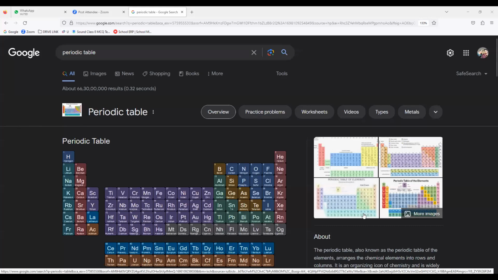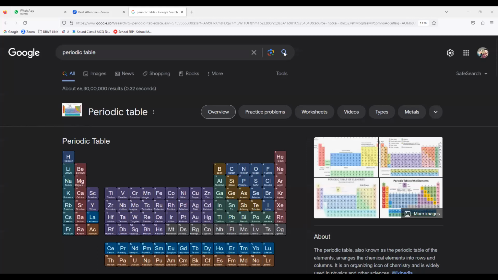If you notice here, this is our periodic table. You can see helium, neon, argon, krypton, xenon, and radon in the 18th group. These are basically stable, unreactive gases, as I told you. Am I right, guys?